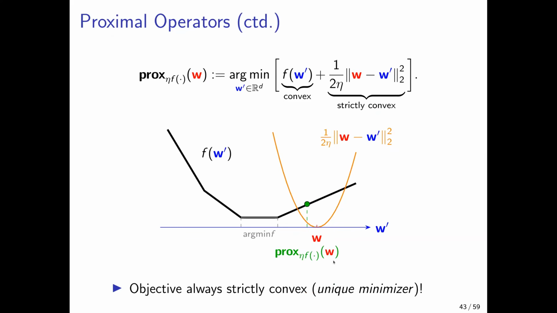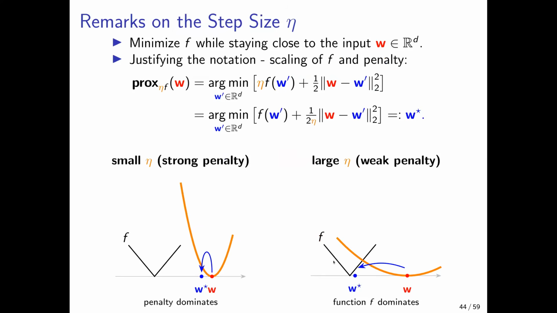So the idea is to minimize f while staying close to this input w. And this trade-off is related to the step size, which we will call step size eta.